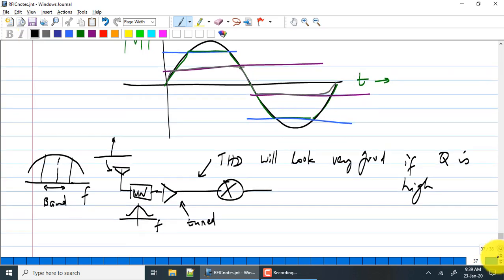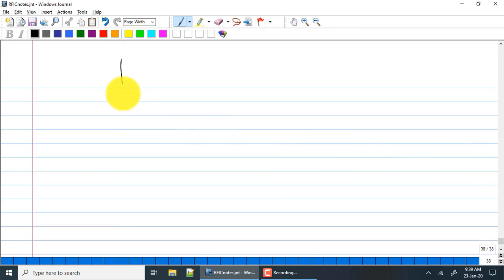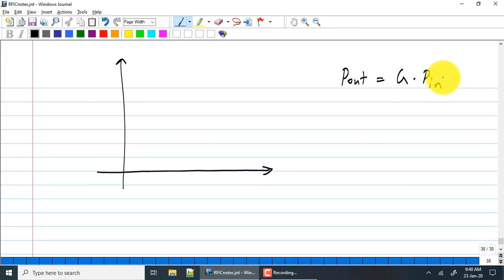So if I were to plot P out versus P in, in dB terms, P out would have been G times P in. G is some value that you have designed for small signals. For larger signals, of course, G just drops off to 1 slowly.